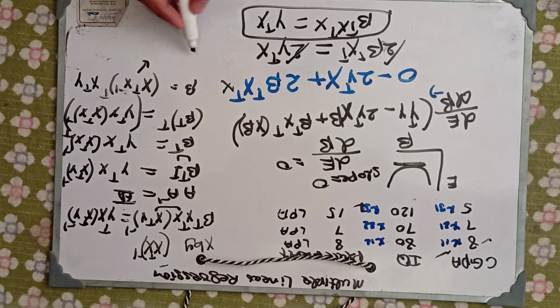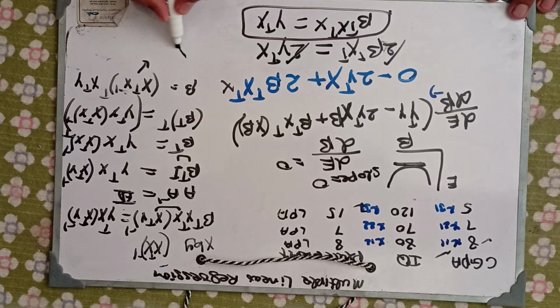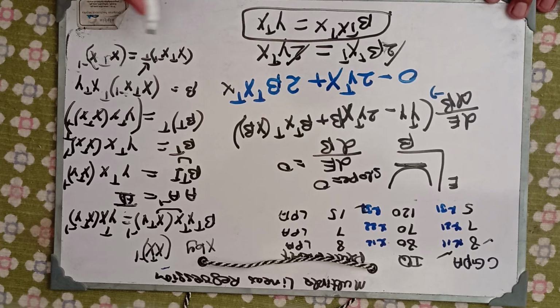There is a complete proof of why the transpose of X transpose X inverse equals X transpose X inverse, which we will cover in some other video, because this video has gone very long.